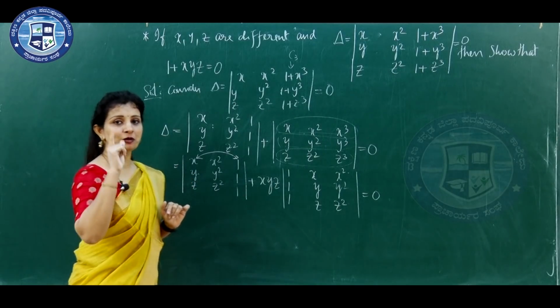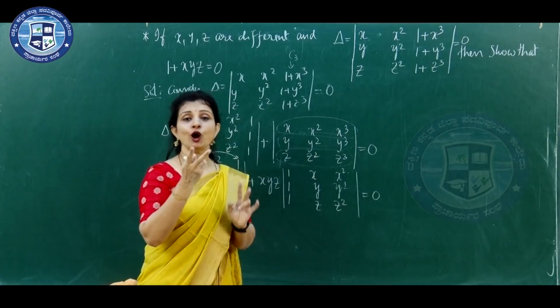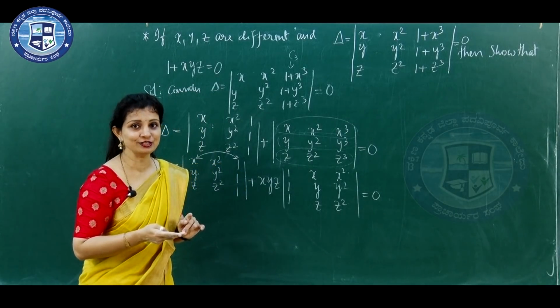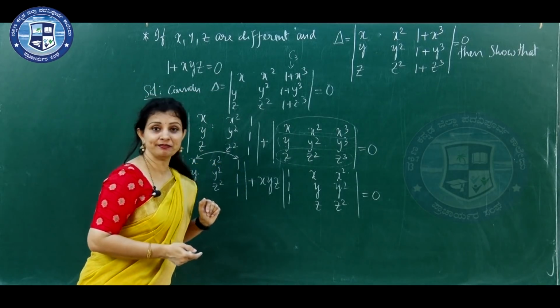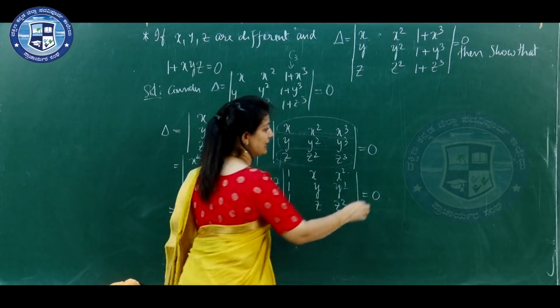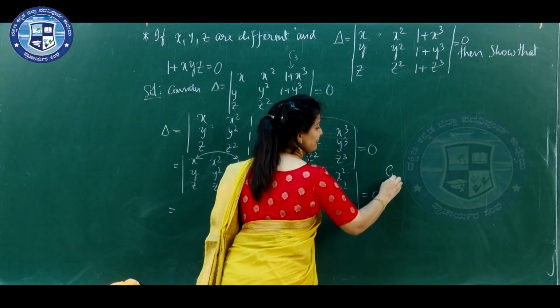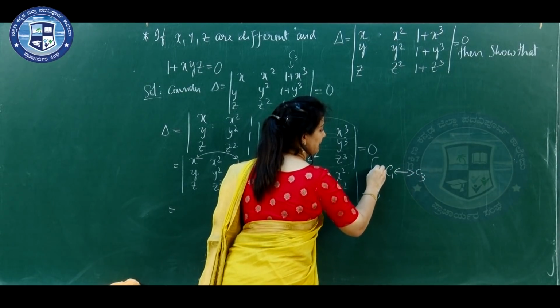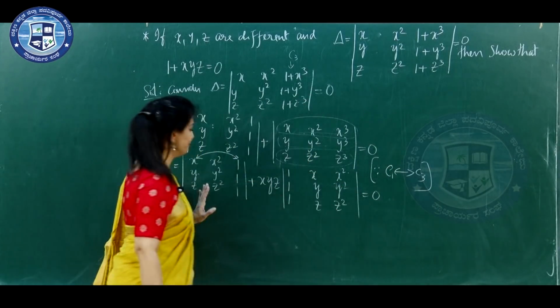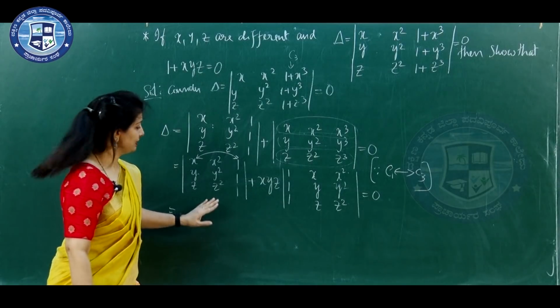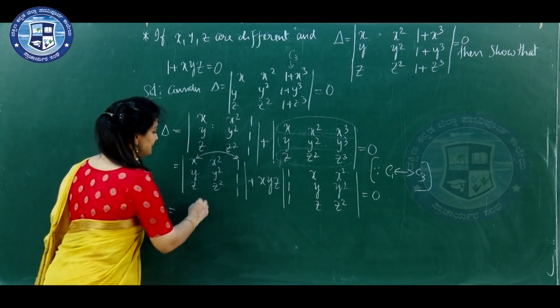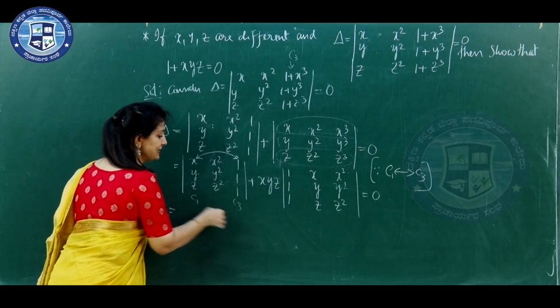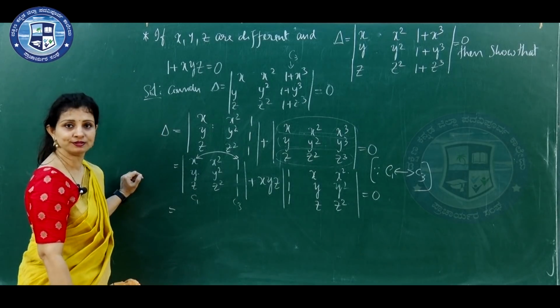You know the property that if the two columns are interchanged, the sign of the determinant changes. So, we are interchanging C1 and C3. In the first determinant, this is C1, this is C3, interchange these two columns.